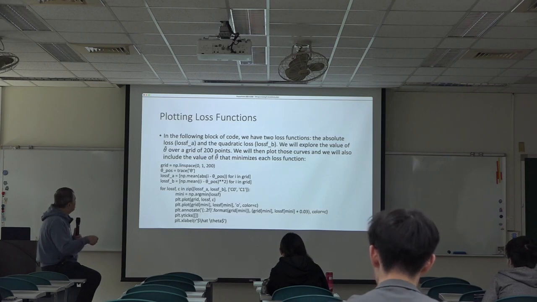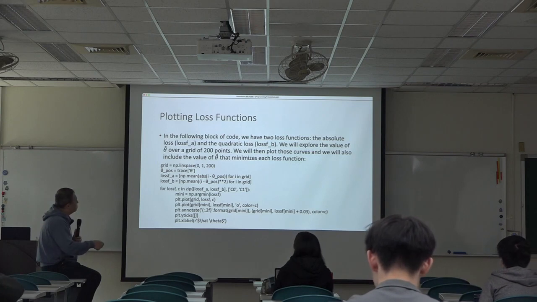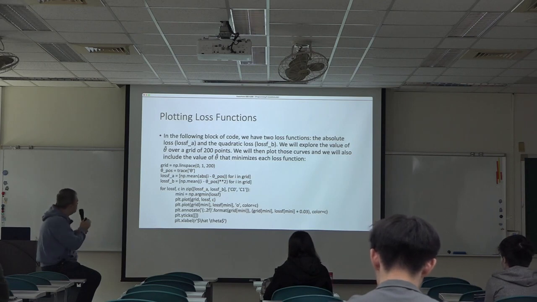For example, in this code we have two loss functions, the absolute loss and the quadratic loss. We use a grid approach and divide the region into 200 points. We then plot the curves accordingly, and we include the value of theta hat that minimizes each loss function.